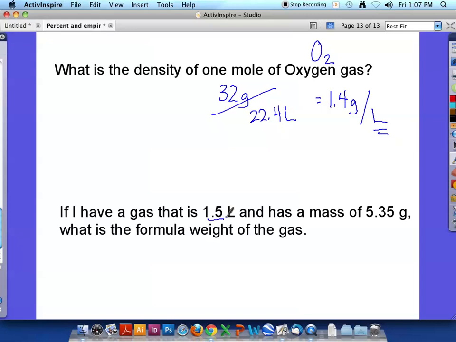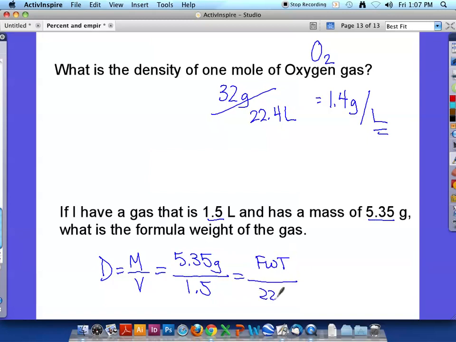We know volume and we know mass, so we can find density. 5.35 divided by 1.5 will equal the formula weight over 22.4 liters. Doing cross multiplication, you find that 80 grams is the formula weight.